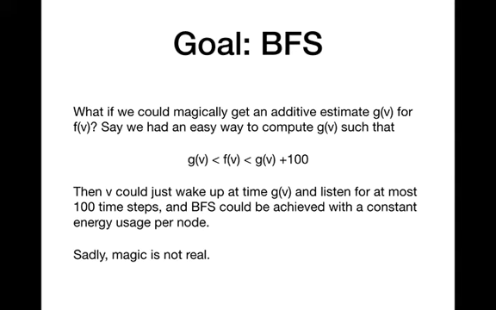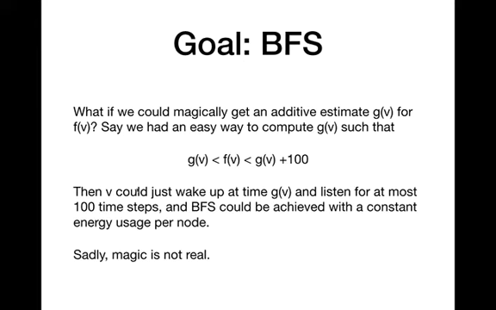And suppose we had an easy way to compute some estimate g of v with the property that g of v is less than the true distance but g of v plus some constant is bigger than the true distance. Say the constant is 100. So g of v is less than the graphical distance, which is less than g of v plus 100.